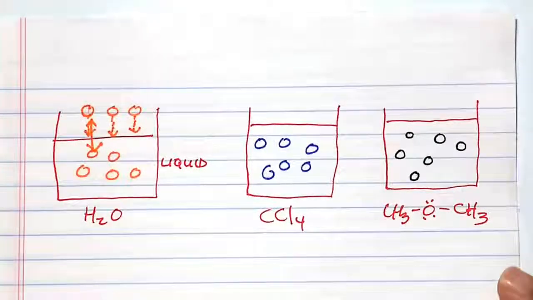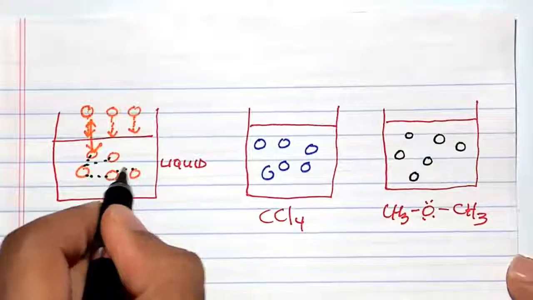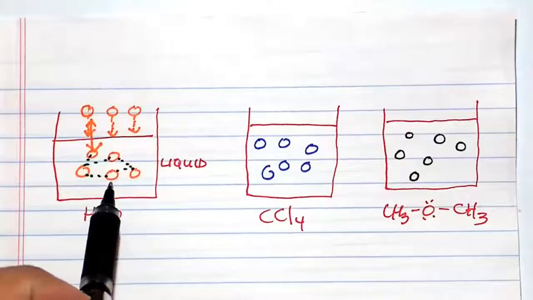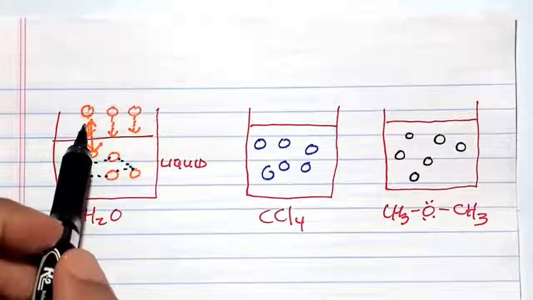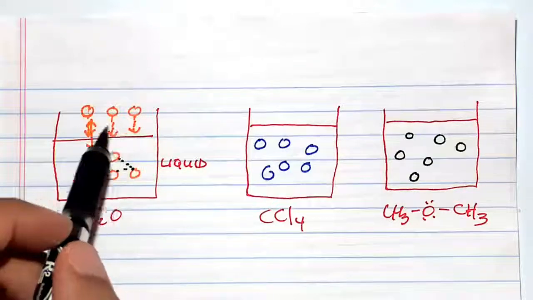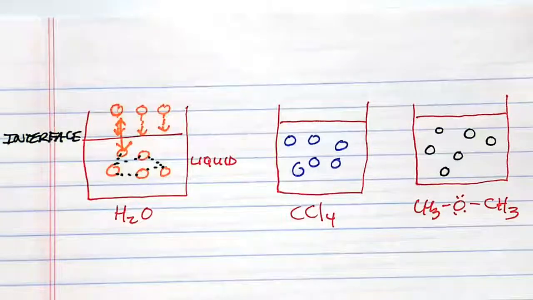Now, for this molecule of water to break free, what must it overcome? Well, if you remember, water has extensive hydrogen bonding, even in the liquid state. A water molecule must overcome hydrogen bonds to other water molecules in order to break free, in order to evaporate. And then the molecules nearby acting at this interface can exert a vapor pressure. So we would expect the vapor pressure to be pretty high.